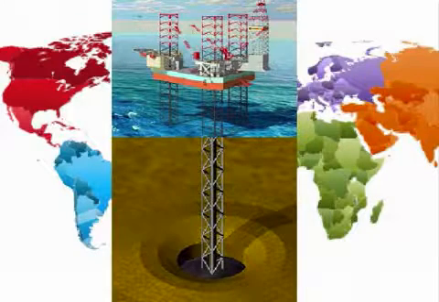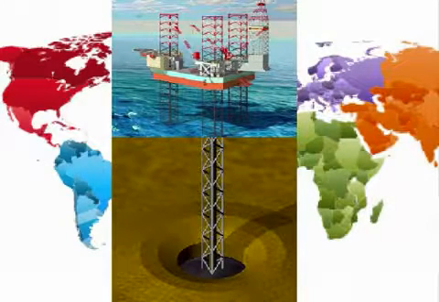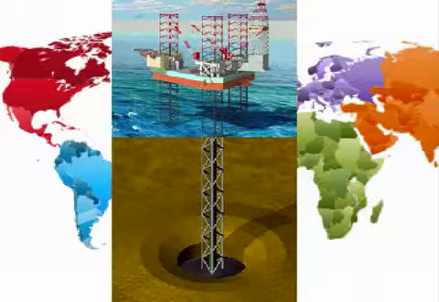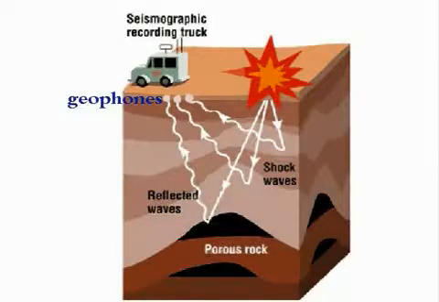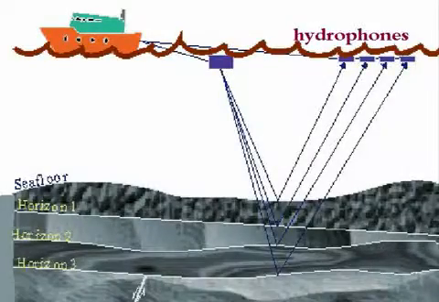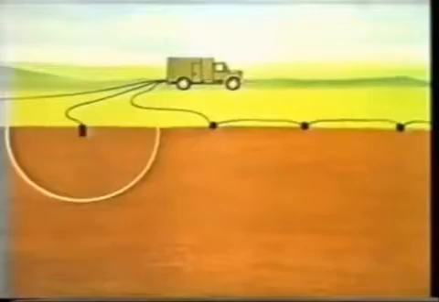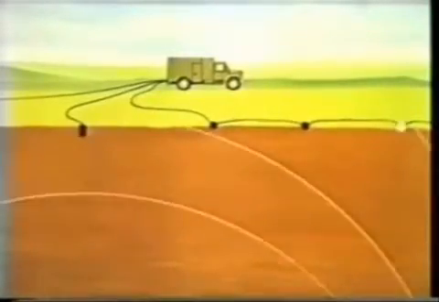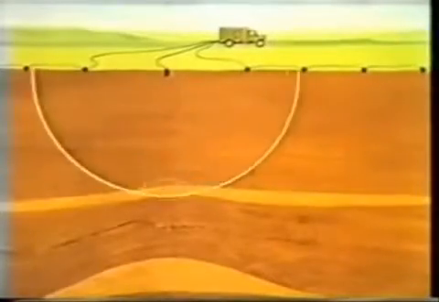Now let's apply this concept to help us decide where to drill our first wildcat well. In this drawing, I have placed my sound receiver, geophone if on land, and hydrophone if offshore. When I fire the gun, sound waves created by the detonation flow out in a circle or radial direction.